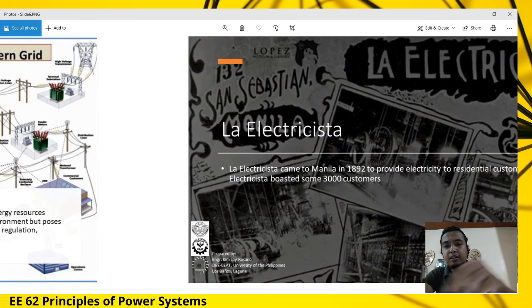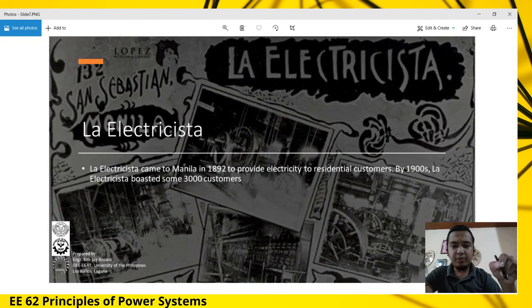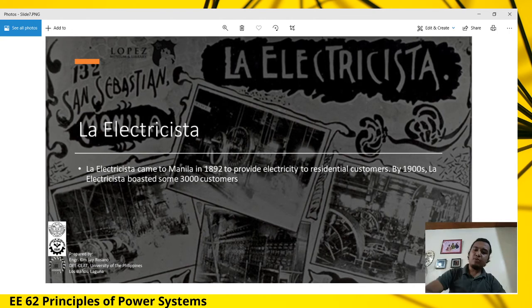So in the Philippines, we have La Electricista. This was way back in 1892. They came into Manila to provide electricity to residential customers. And then by 1900s, they are supporting some 3,000 customers.